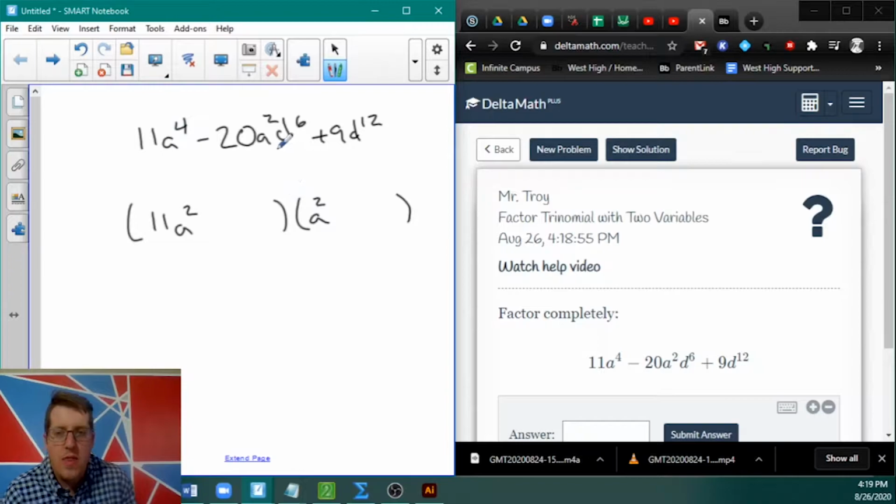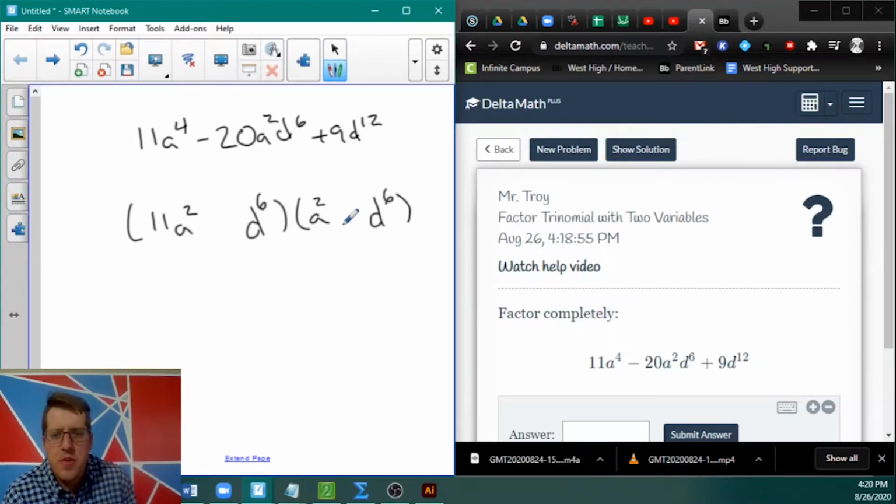And when you add them, you get a squared. If I would have done like a cubed and a, the adding wouldn't work out correctly. Okay, so kind of for that same reason, these are going to be d to the sixth. So 6 plus 6 is 12, right? Like d to the 6 times d to the 6 is d to the 12th.